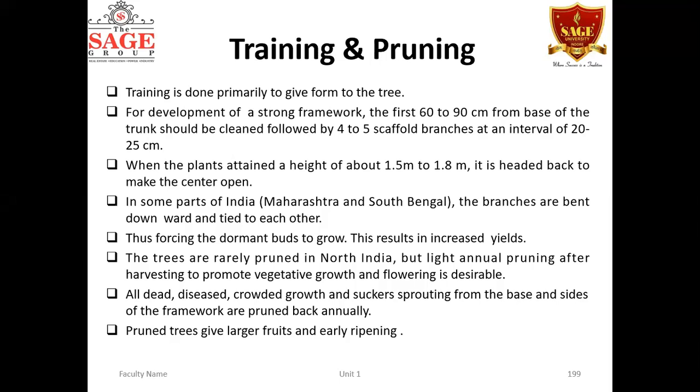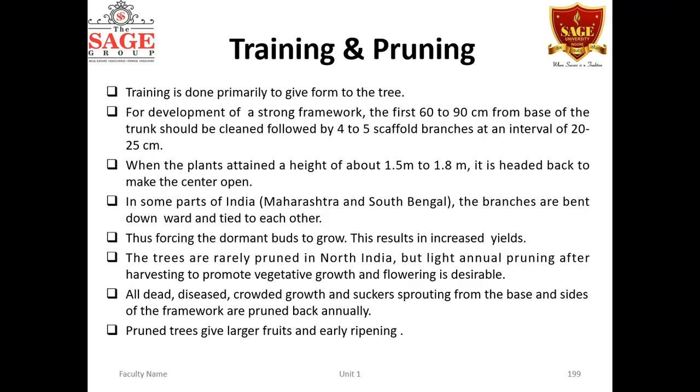You need not maintain any branches at the trunk of Guava, 60 to 90 centimeters. Whatever branches are coming at the early stages, you need to remove. Those should be cleaned up, followed by 4 to 5 scaffold branches at intervals of 20 to 25 centimeters.